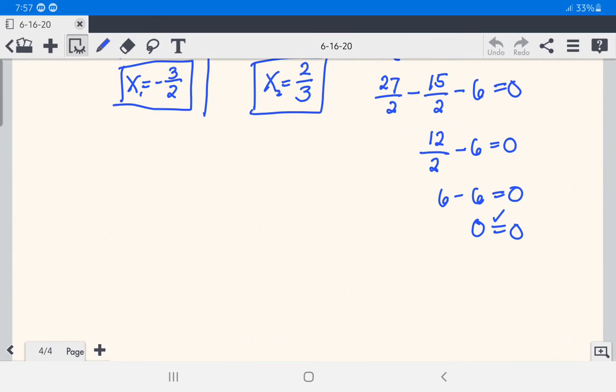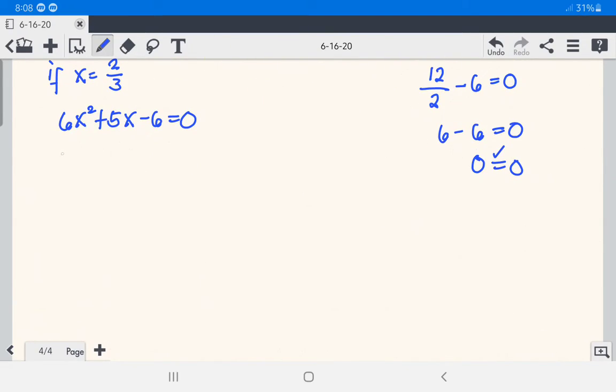Okay. If x is equal to 2 over 3. So using the original equation, we have 6x squared plus 5x minus 6 is equal to 0. Next we have 6 times the value of x, which is 2 over 3 squared, plus 5 times 2 over 3 minus 6 is equal to 0.